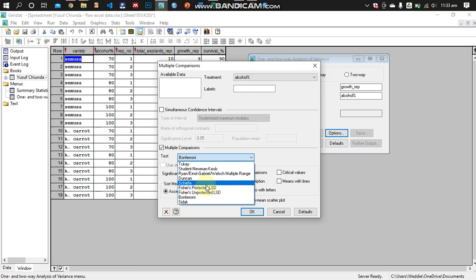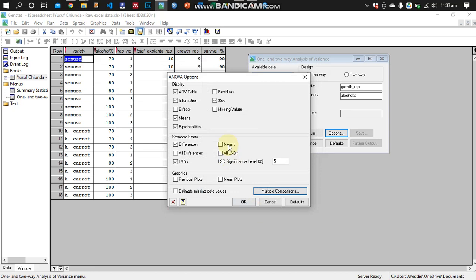But if you have more than 10 treatments in two-way ANOVA, we use Duncan. So here, our treatments are 70, 80, and 100, so use Fisher's protected LSD. It works well with descending. Say okay. We're all good here.